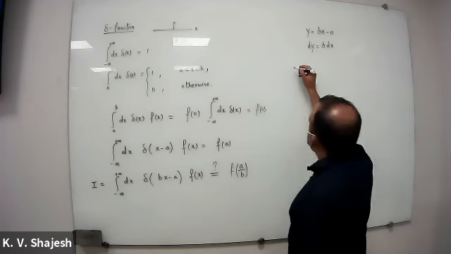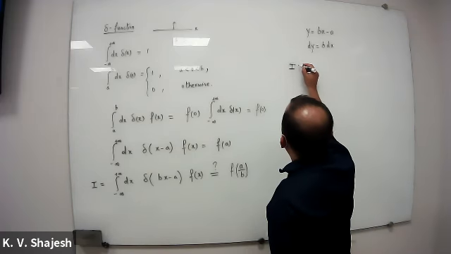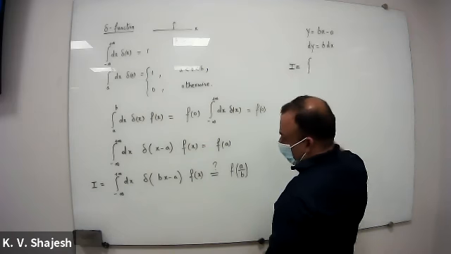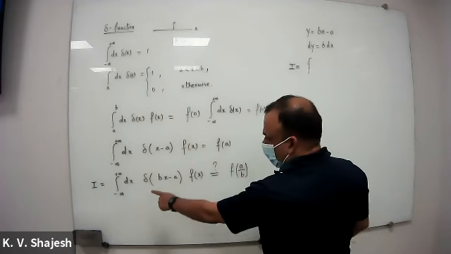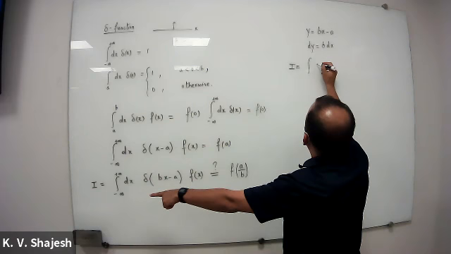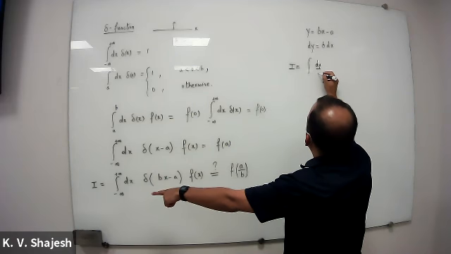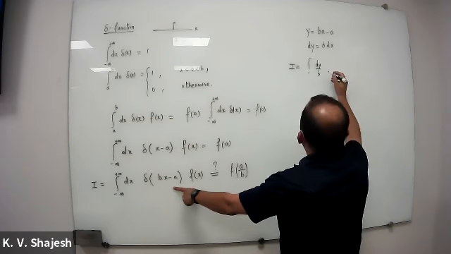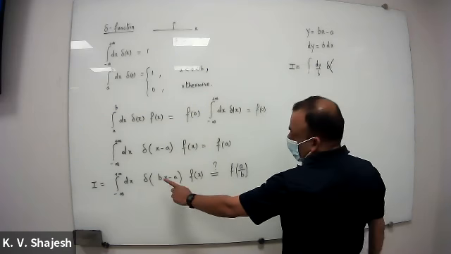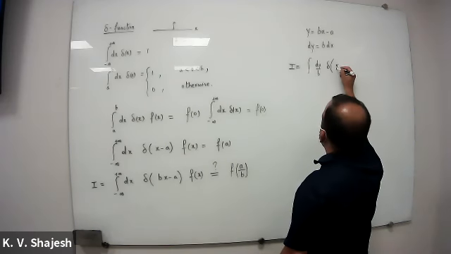So if I'm evaluating the integral, I have to worry about its limits, and dx is nothing but dy over b. Delta of b times x minus a is nothing but delta of y.